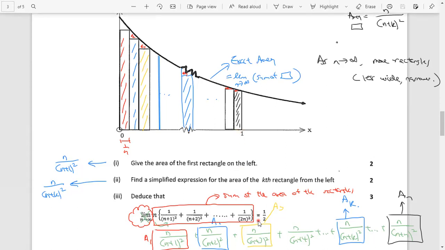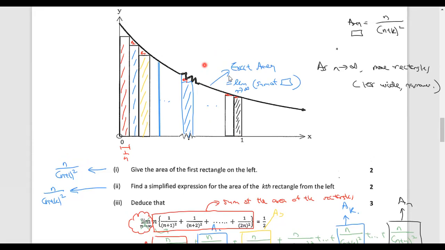And so to get this half, we basically just need to work out the exact area. So with all of that explained, we're now going to write this out.